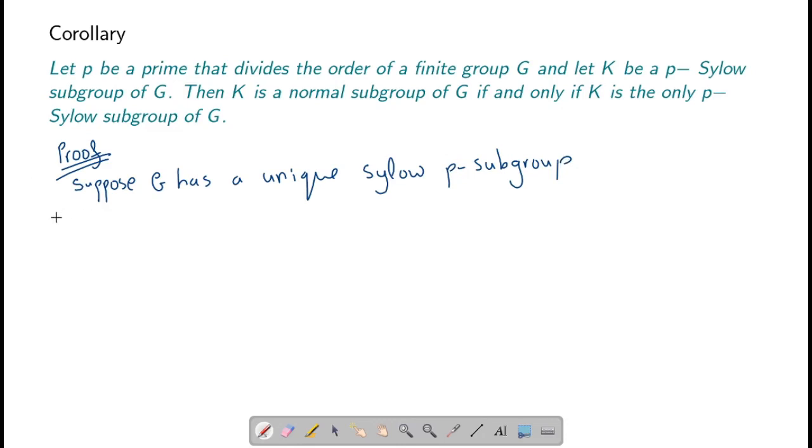Since K is given to be the Sylow P subgroup, it means that K is the unique Sylow P subgroup. Now you look at any g in G. We know that conjugates of Sylow P subgroups are Sylow P subgroups, since they are isomorphic to the subgroup itself. So for any g in G, gKg inverse cannot be anything other than K itself, because that is the only Sylow P subgroup. And this means that K is normal in G.